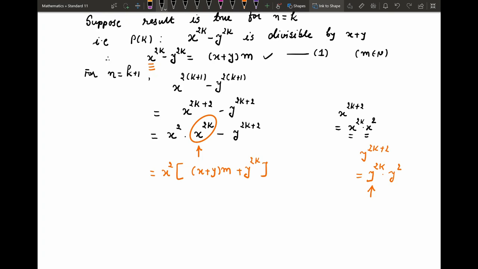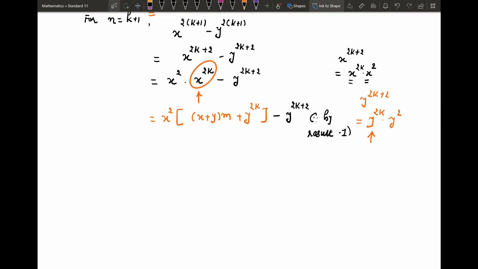X raised to 2k equal to x plus y into m plus y raised to 2k minus y raised to 2k plus 2. We give reason by result 1. Now simplify this equation and show that x plus y is a factor, so that one can say that this equation or term is divisible by x plus y.